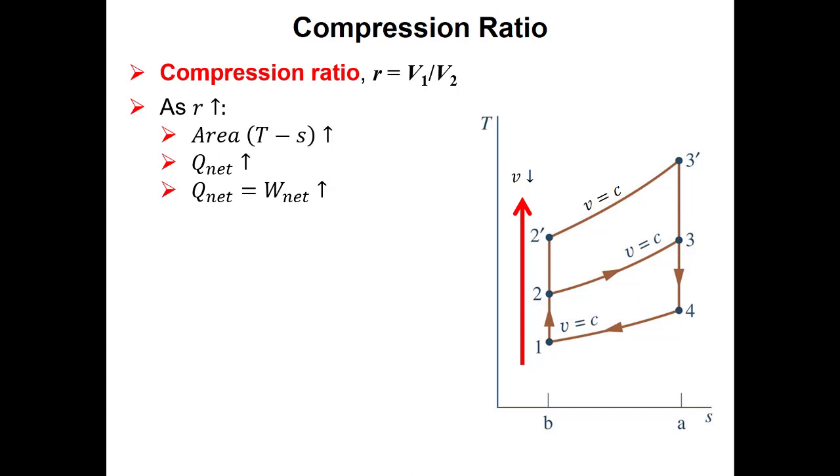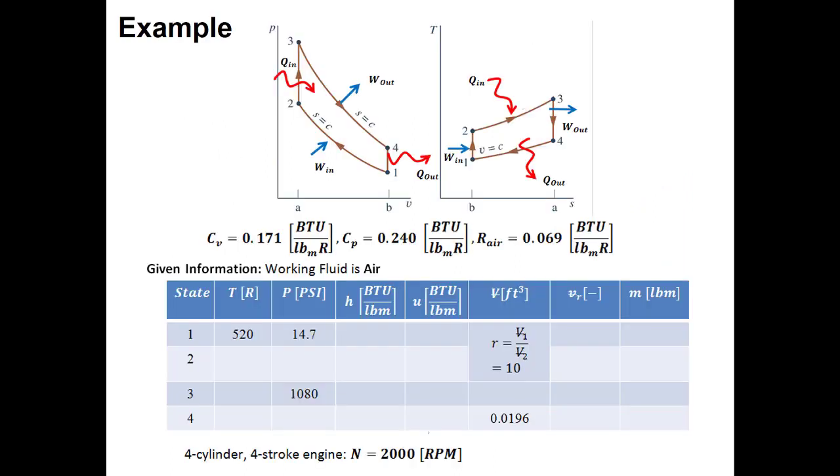So if I was running at the same speed and they were both 4-stroke engines, that would also mean the net power goes up, right? So even though this model makes a lot of assumptions, we can see how performance changes with changes in compression ratio. Increasing the compression ratio increases the net work, right?